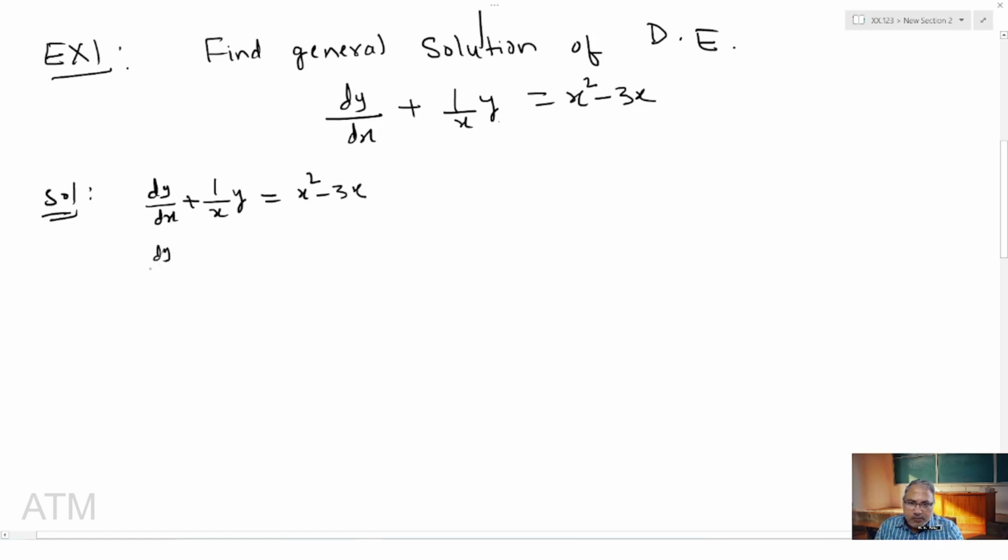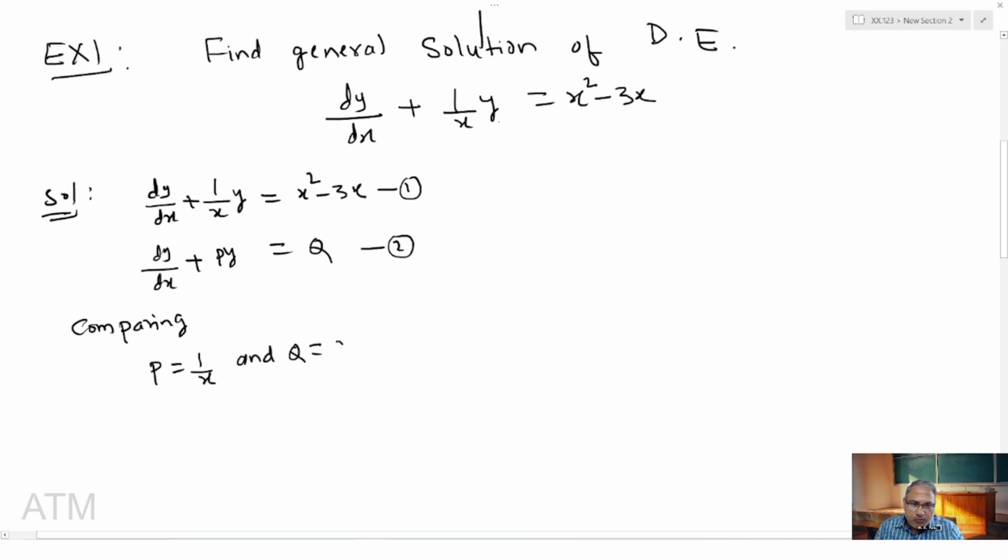Now we write the standard equation, dy by dx plus py equals q. It is equation 1 and this is equation 2. Comparing respective terms of 1 and 2, p equals 1 upon x and q equals x square minus 3x.